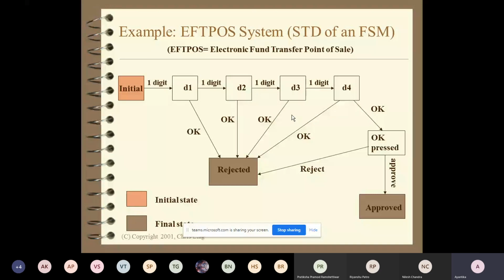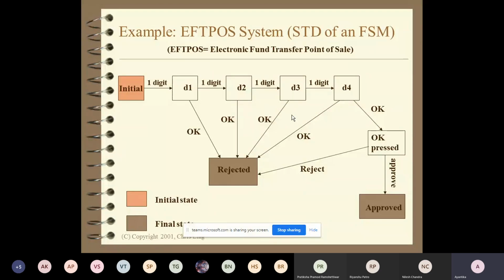So this is one example of an electronic fund transfer system. When we do an online transfer or input our pins, this is one typical modeling of that scenario.